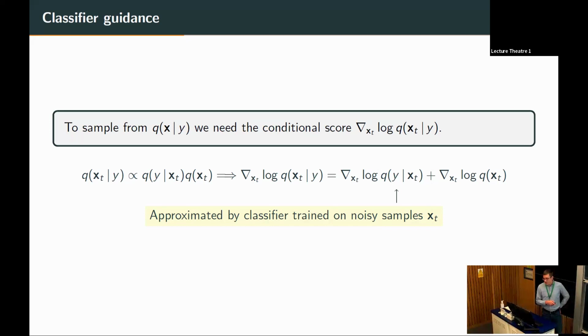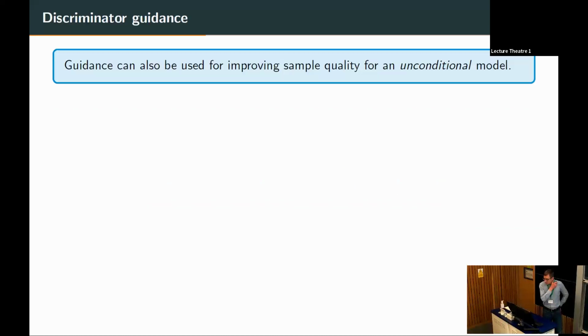And this classifier is then trained on noisy samples from the data set, so noisy versions of x. Then we replace the score in the generative model with this score.